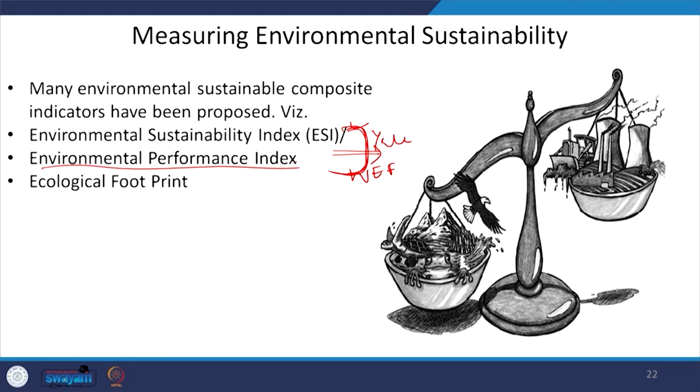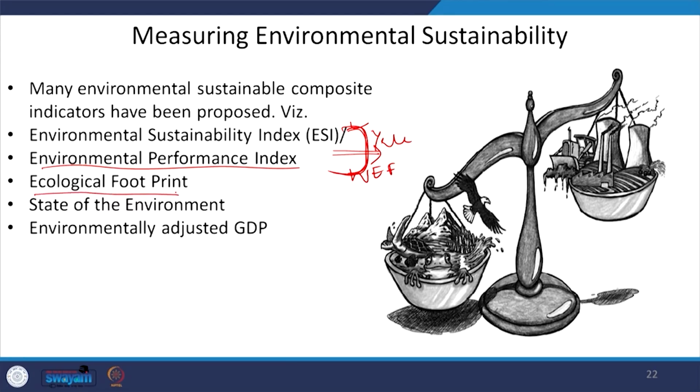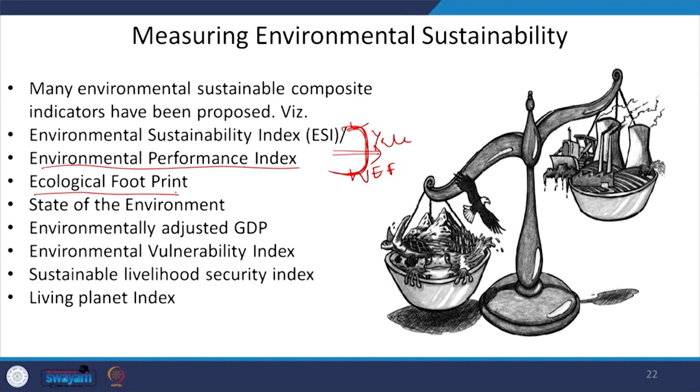And other measuring rods for environmental sustainability that we find in the literature are the ecological footprint, state of environment, environmentally adjusted GDP, environmental vulnerability index, Sustainable Livelihood Security Index, Living Planet Index and Well-being Index.